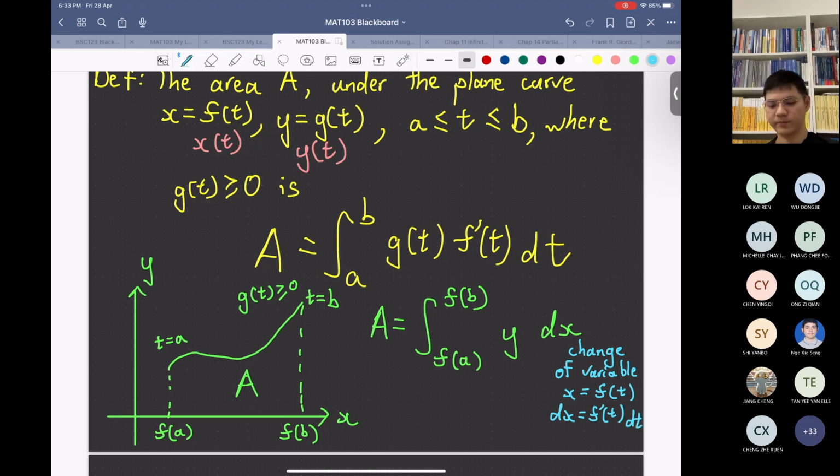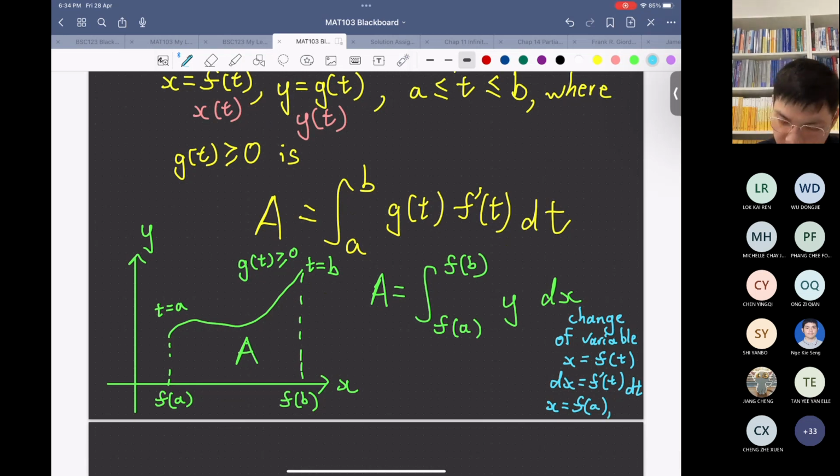By chain rule. Okay, and when x equals to f(a), right? When is our t? Our t is just equal to a. And when x equals to f(b), our t is equal to b.